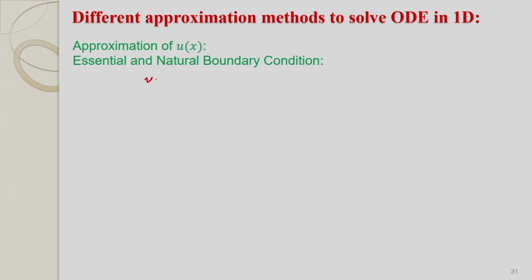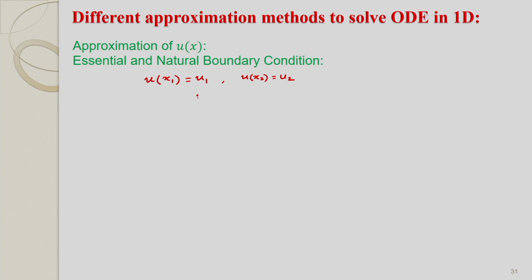Now we will see how to choose phi j and phi naught for a more general essential boundary condition. Let us assume u at x1 is u1 and u at x2 is u2.